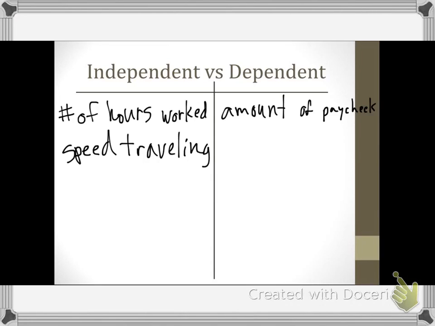And our dependent variable would be the price of the ticket. So if I'm going 45 miles per hour over the speed limit, that ticket's going to be a way higher amount than if I was going like 15 miles per hour over the speed limit. So the faster I'm going, the higher the ticket's going to be. So the price of the ticket depends on how fast I am traveling.